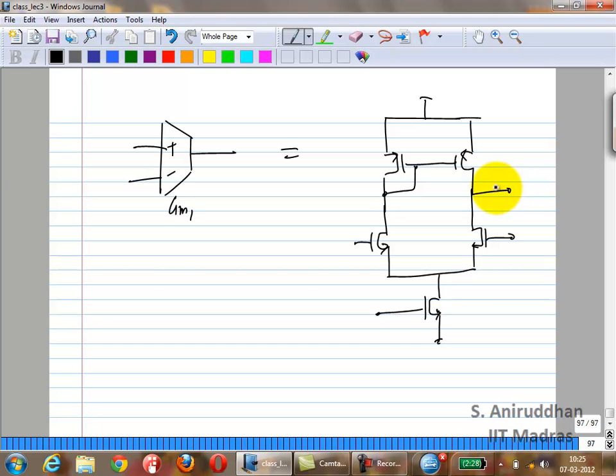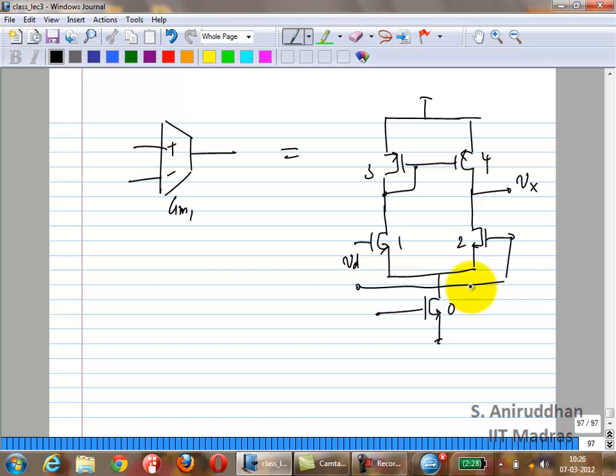So I'll call this Vx, call this Vd, 0. So this is your GM1 stage.